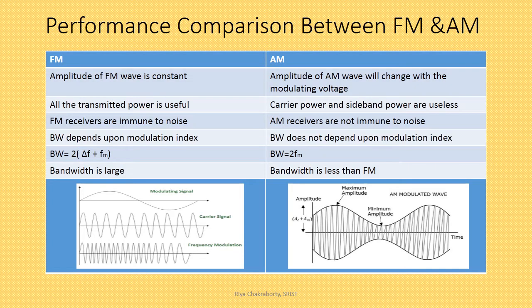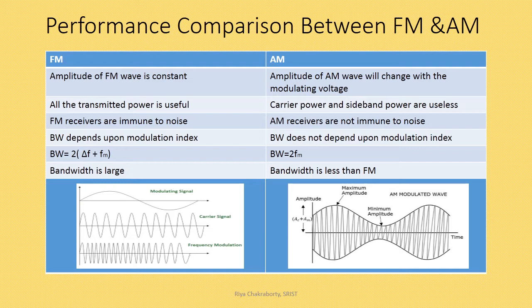Moving to the next part, performance comparison between FM and AM. In FM, the amplitude of the FM wave is constant, and in AM, the amplitude of the AM wave changes with the modulating voltage.